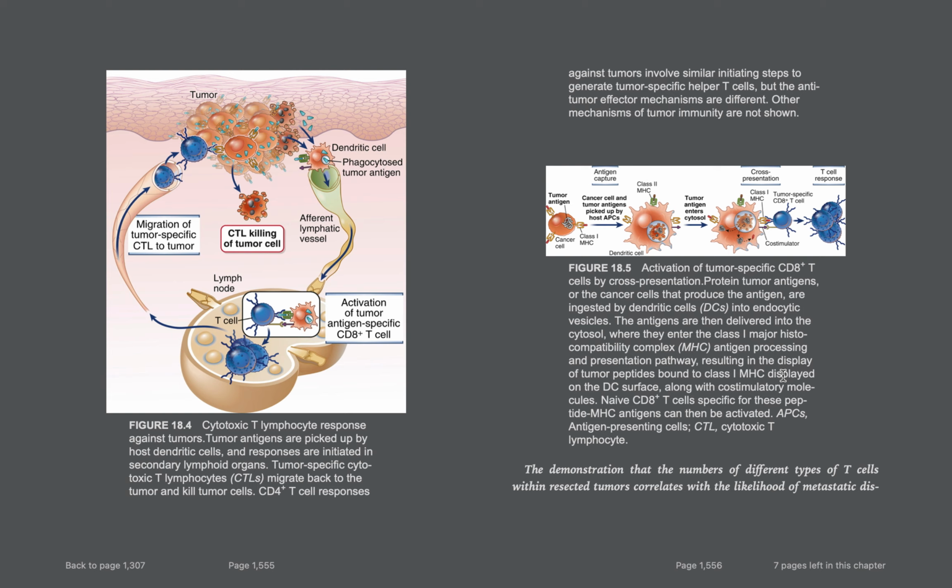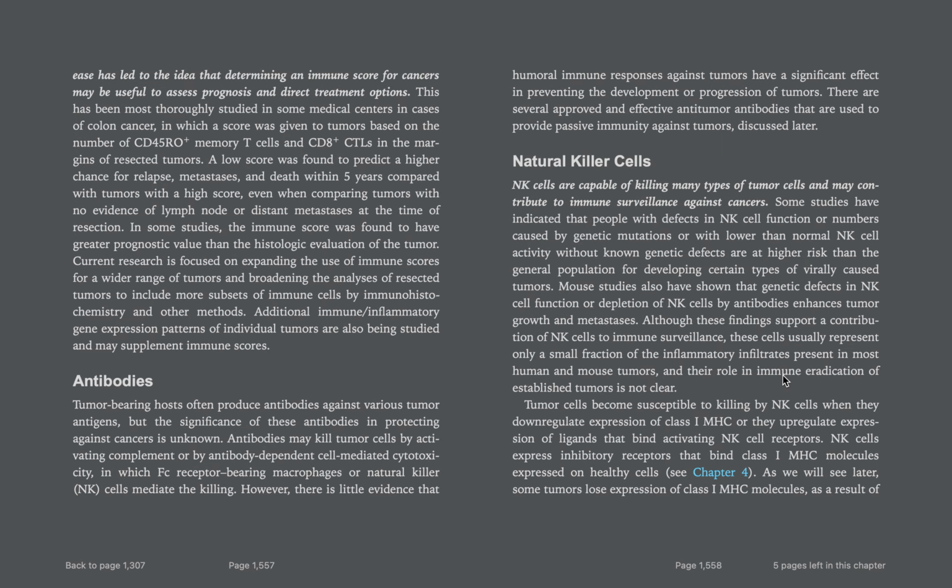The demonstration that the number of different types of T cells within resected tumor correlates with the likelihood of metastatic disease has led to the idea that determining an immune score for cancer may be useful to assess prognosis and direct treatment options.